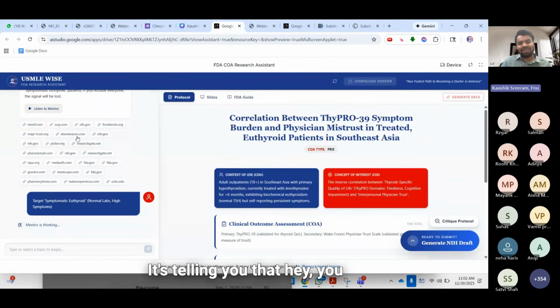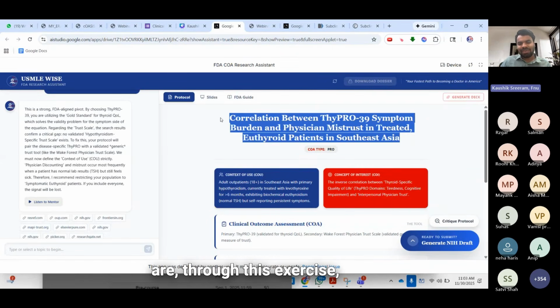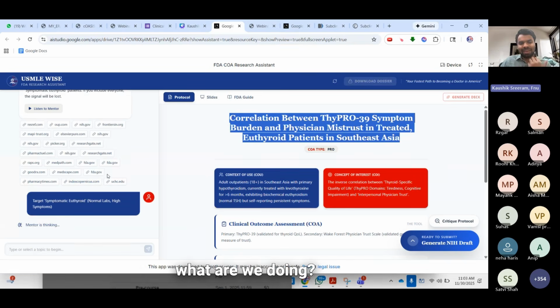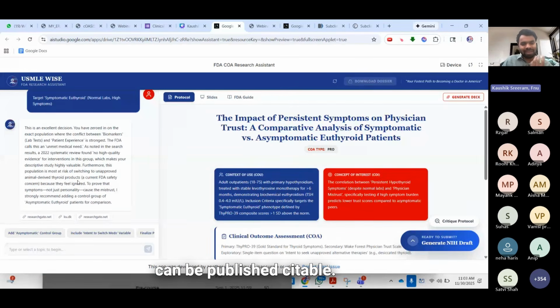It's telling you that, hey, you need to refine your idea and then you come up with your topic. And now through this exercise, what are we doing? We are arriving at a better, more interesting topic that can be published, citable, right? Now they're saying, okay, hey, what is our biomarker? You have zeroed in on where the conflict between biomarkers and patient experience is the strongest.